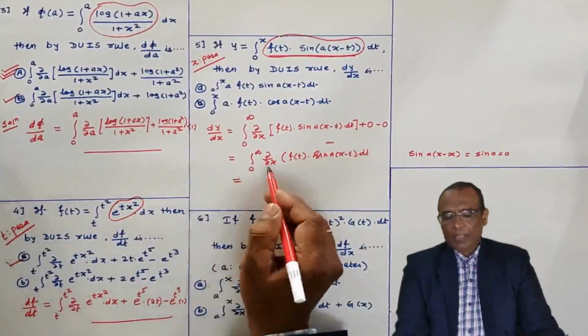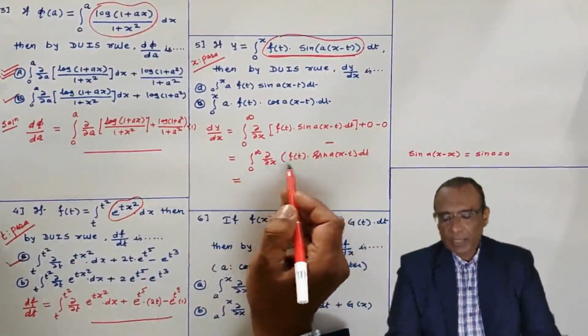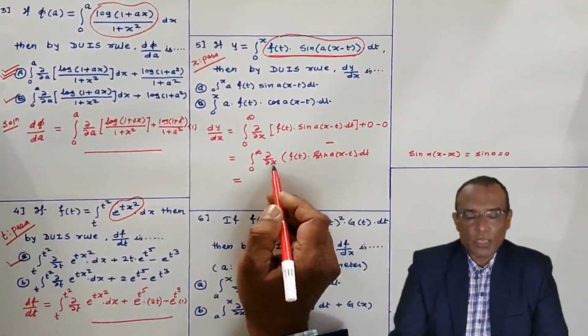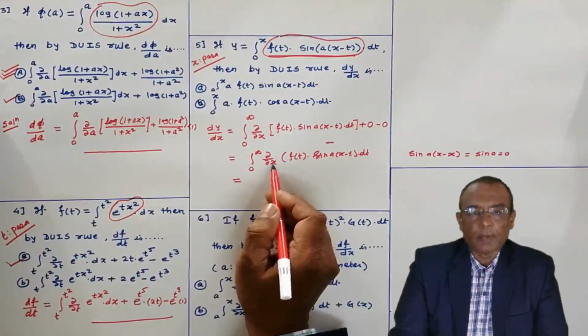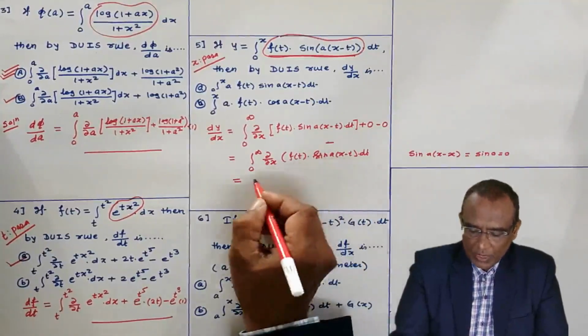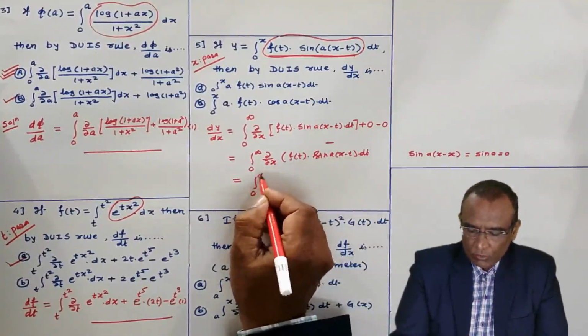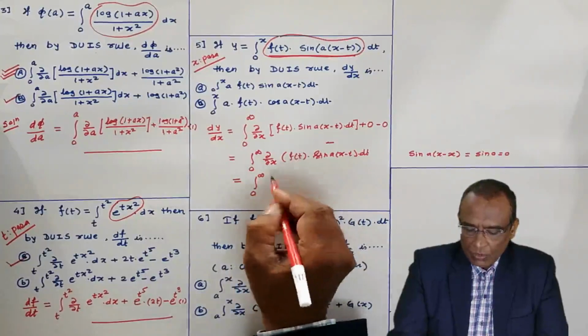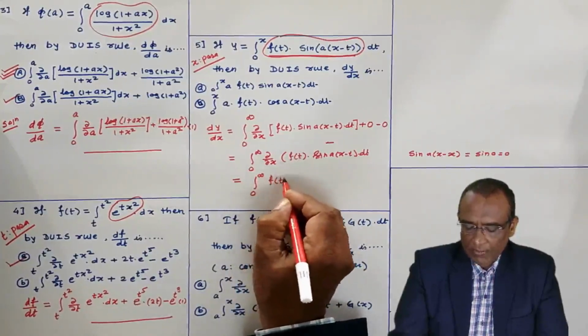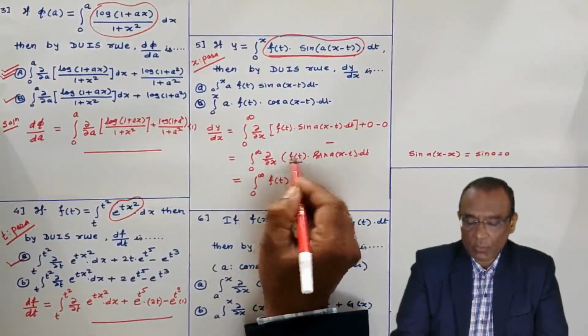But take the derivative with respect to x, keeping t constant, because x is a parameter and we are differentiating with respect to x partially, which means t should be treated as constant. So what to do? F(t) is constant for x, since I am taking the partial derivative, so it will come outside of the derivative.